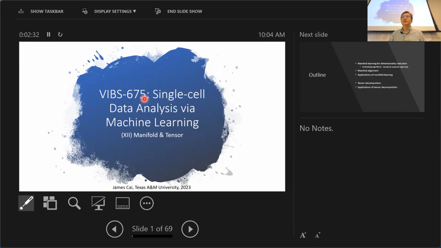Well, the tensor is a high dimensional matrix. Any matrix have a dimensionality beyond 3, okay? 3, 4, even higher.